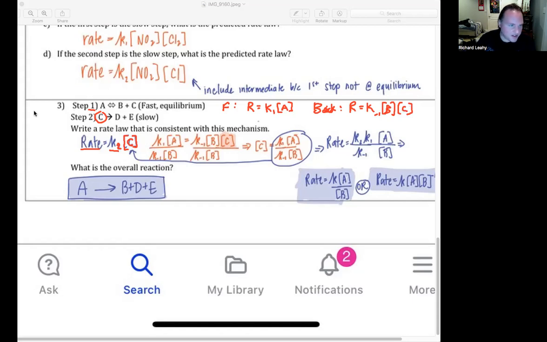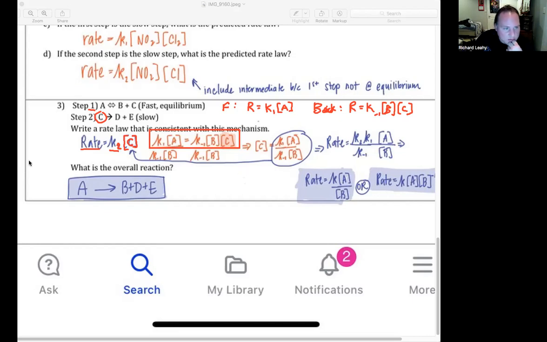I see what your teacher did here. She wrote the same thing. She wrote these equal to each other, so she put out the R. And then she divided by this K-1 B. A little bit fewer steps than I would show, I guess, but either way is fine.